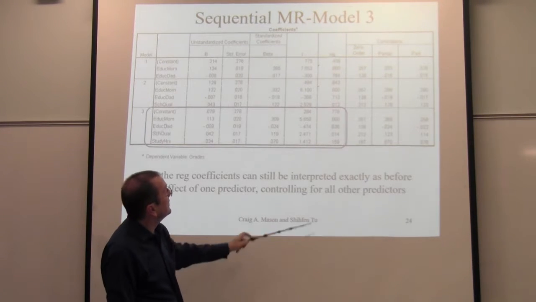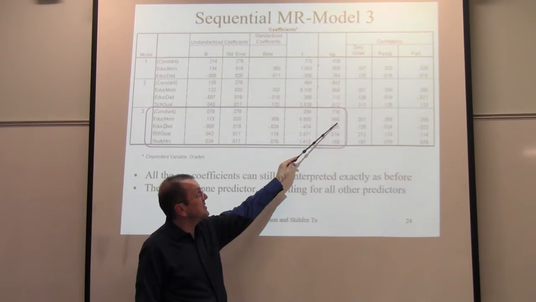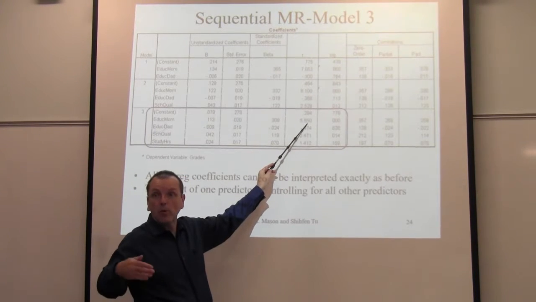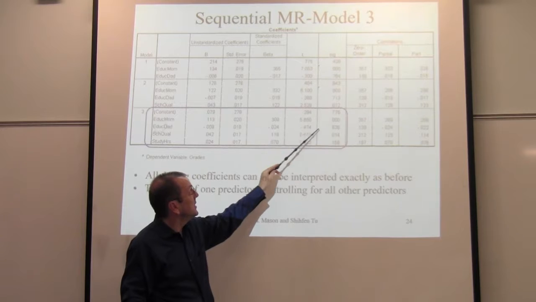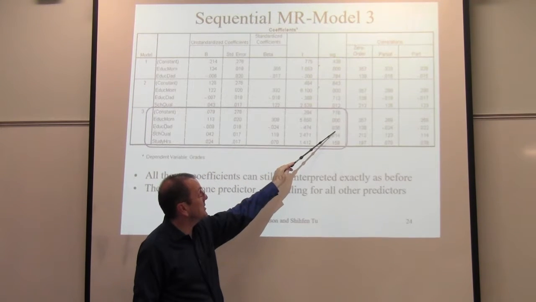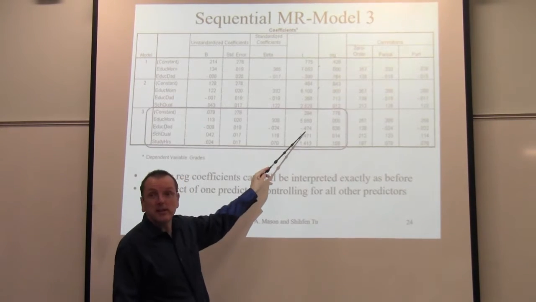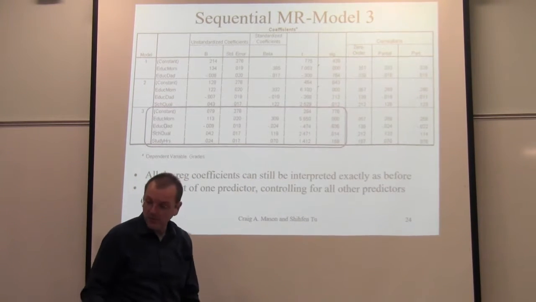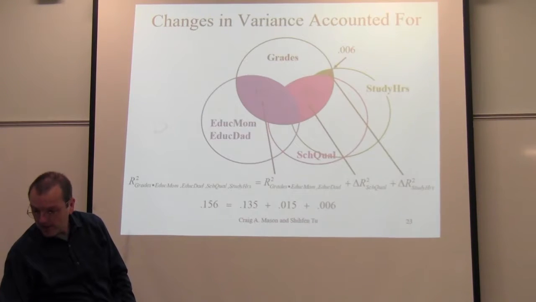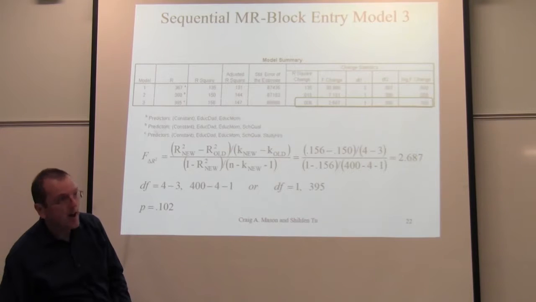So in the end, we see in the final model, mom's education is statistically significant, controlling for everything else. Dad's education is not. Its p-value is 0.636. What was our degrees of freedom in the end? 395, right?